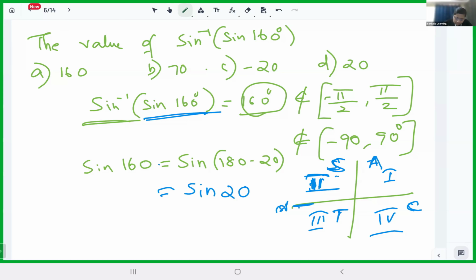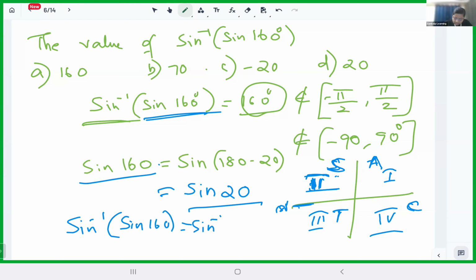All right. So we have obtained the equivalent angle. Sine 160 is equal to sine 20. So sine inverse of sine 160 can be written as sine inverse of sine 20. Now we can apply the property sine inverse of sine x is equal to x.